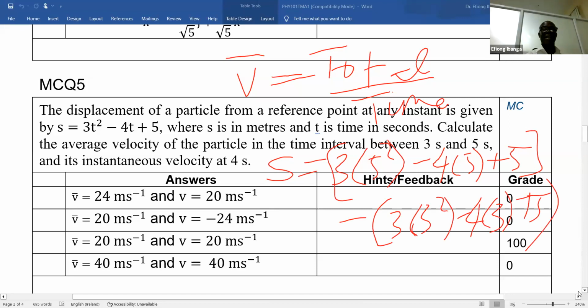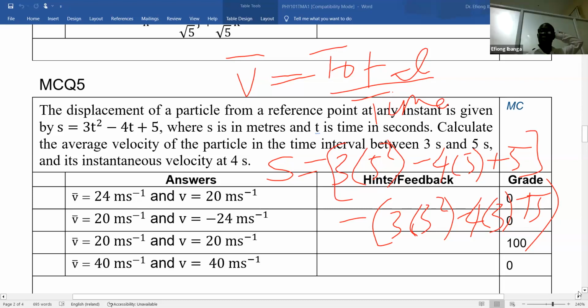So that will give me the distance, isn't it? So that is going to give me 25 times 3, which is 75. Is that correct? Minus 20 plus 5. That will give us what? 75 minus 20 is what? Wake up now and be in the class. 55, sir.